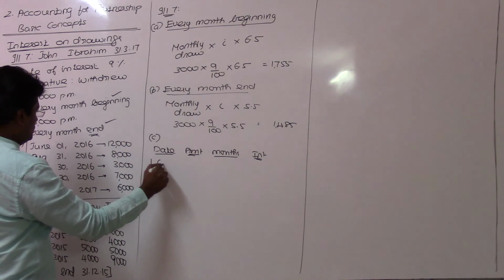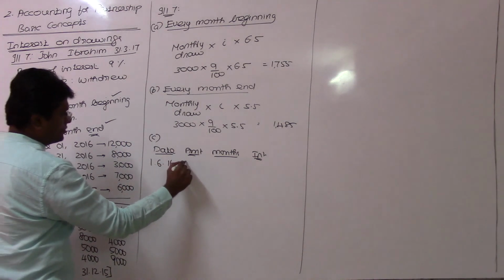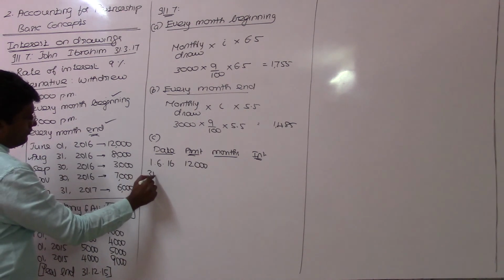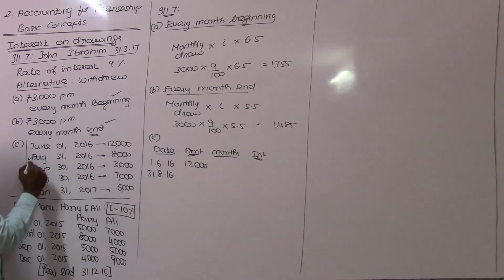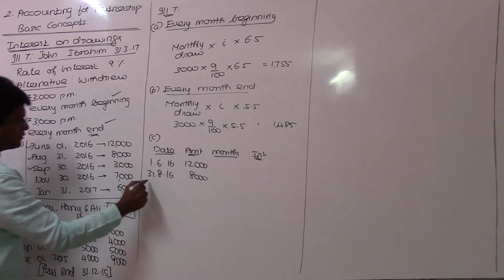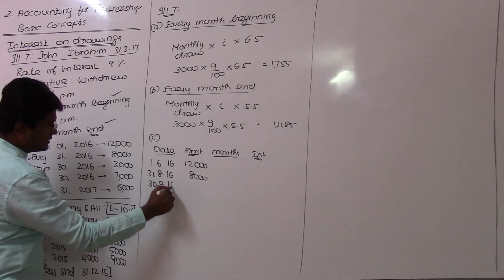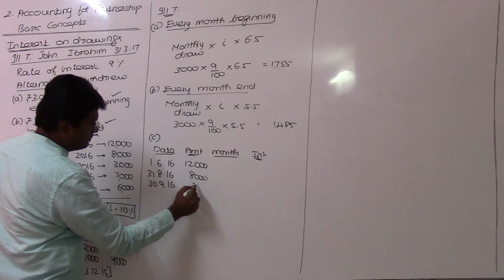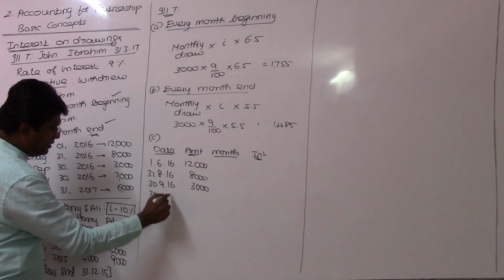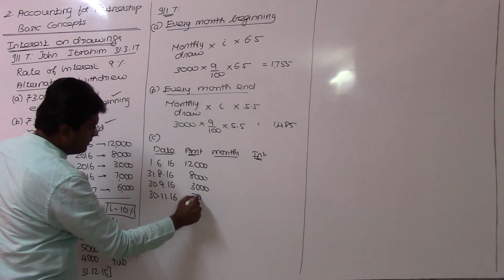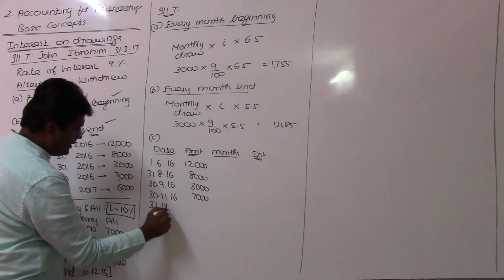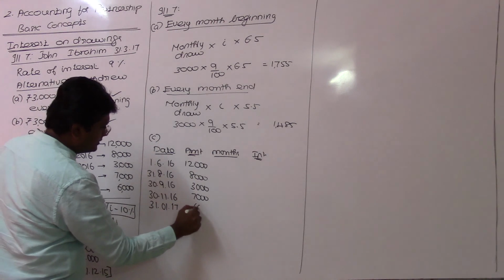1st June 16 is the first drawing, 12,000, and 31st August 16 will be the second drawing, 8,000 rupees, and then 30 September 16 is the third drawing, the value is 3,000, and then 30 November 16 another drawing, and the last drawing is on 31st January 17, value being 6,000.